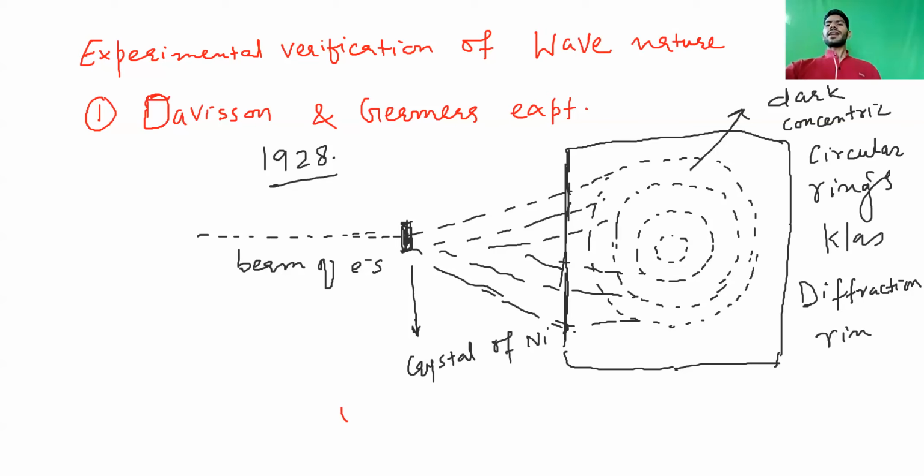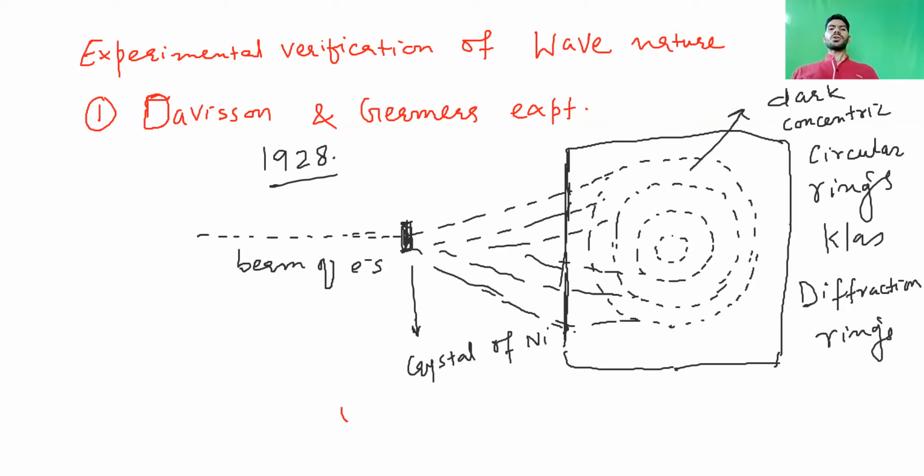So it indicates that these electrons have wave nature, because the same diffraction pattern is observed when X-rays are bombarded on a crystal of nickel. Since X-rays are electromagnetic radiations, we know they have wave nature.